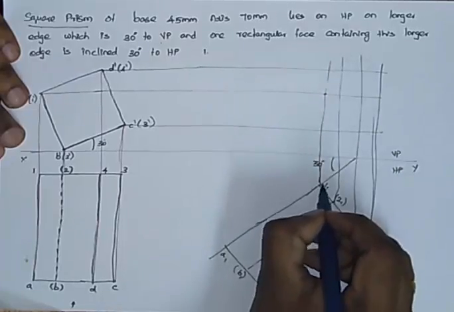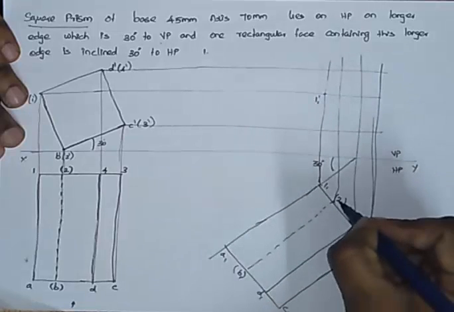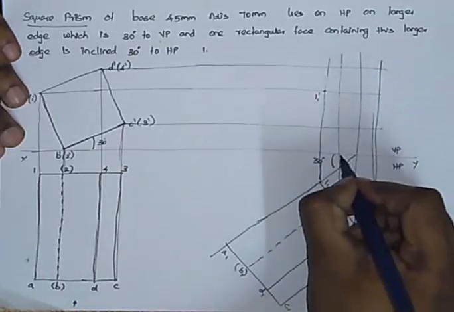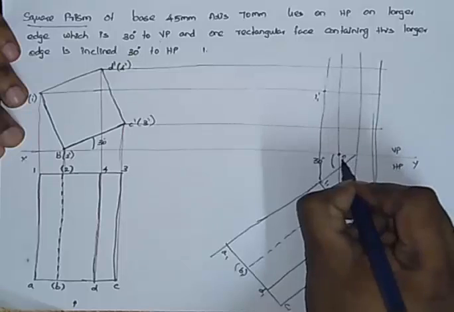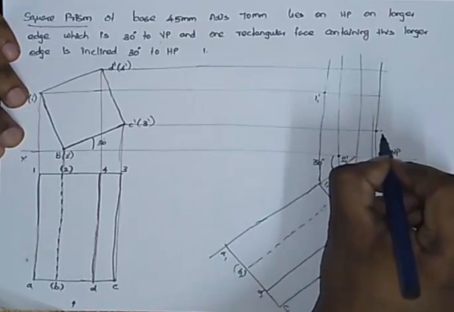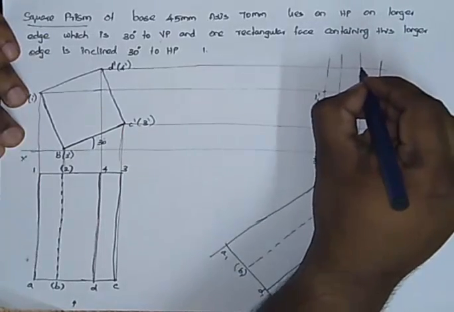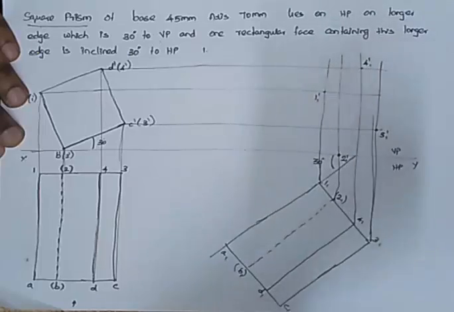So point 1 1 dash is here. Similarly, point 2 1 dash is here. 3 1 dash will be here, point 3 1 dash. 4 1 dash will be here, point 4 1 dash.